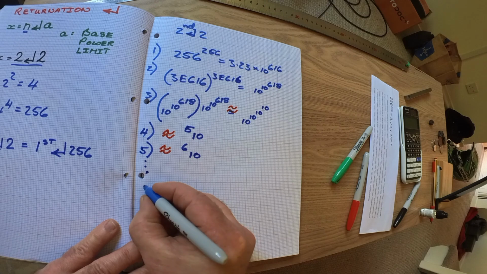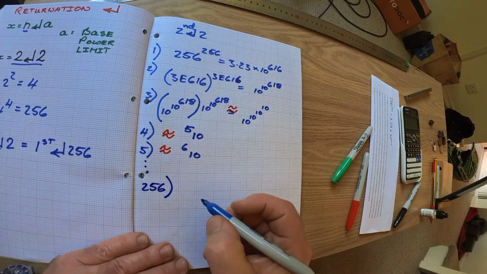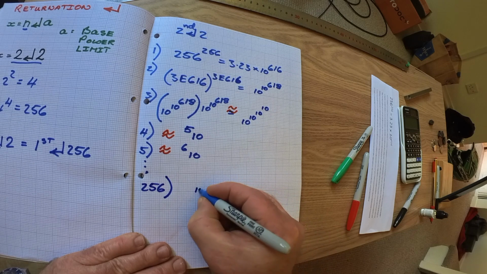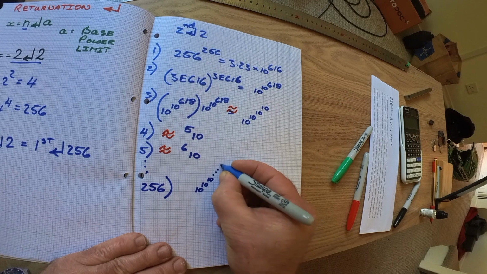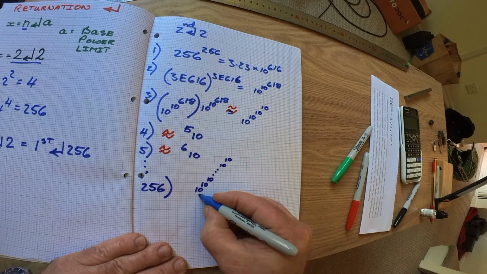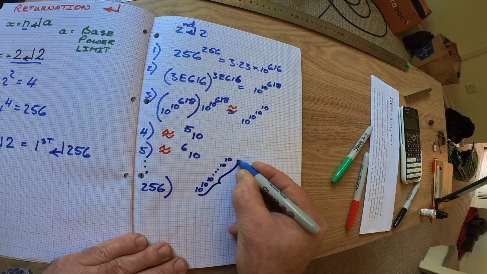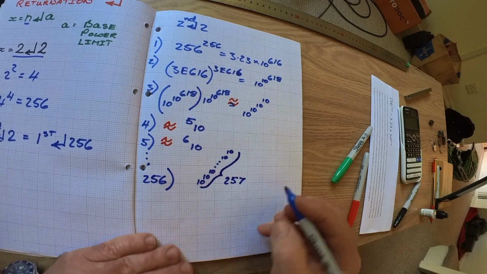So on step 256, well, now I know it's going to be 10 to the 10 to the 10. How many 10s am I going to have? I'm going to have a power tower of 257 10s.